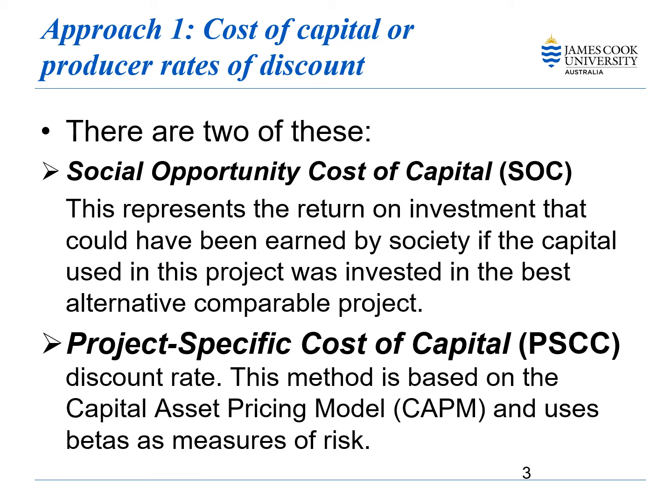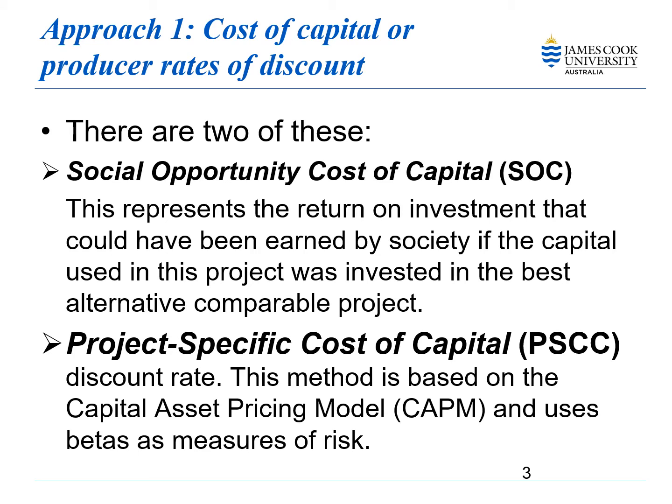Second is called the project-specific cost of capital discount rate. This method is based on the capital asset pricing model, CAPM, and uses beta as a measure of risk. The market itself has a beta of 1, so that's kind of a benchmark.